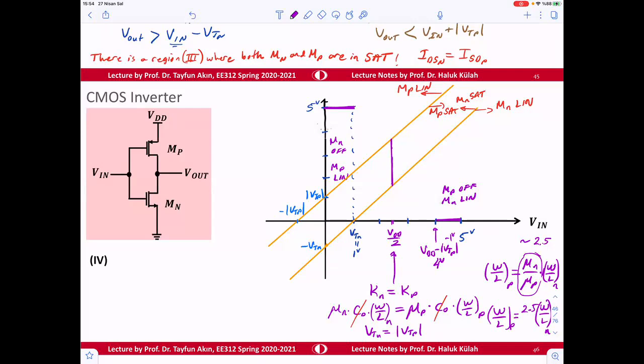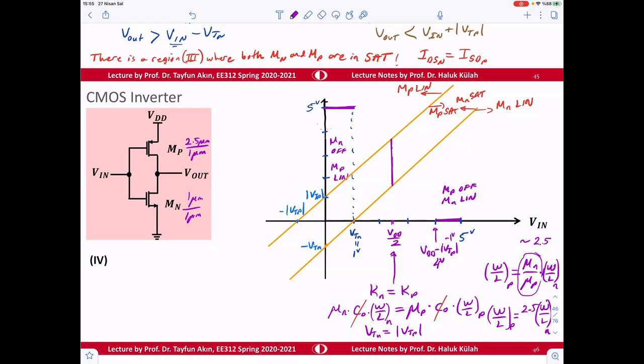Let's say this one is 1 micron by 1 micron. If you make this one 2.5 micron divided by 1 micron, then the symmetry is going to be achieved, and then the midpoint is going to be like this.